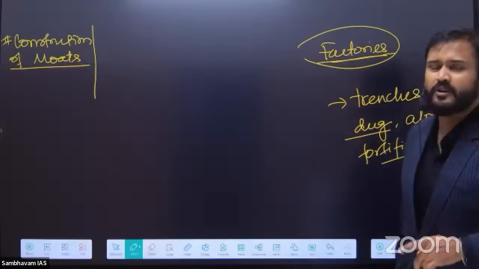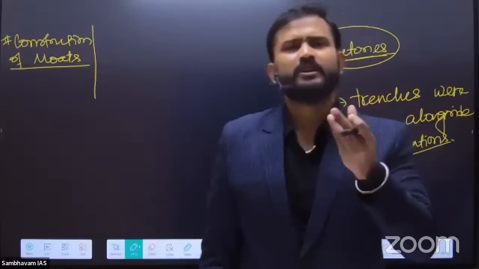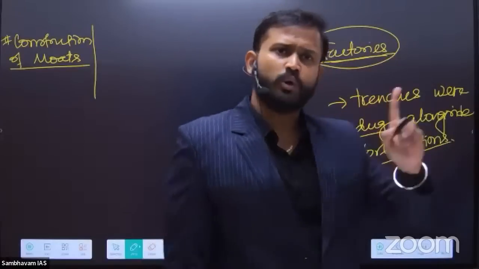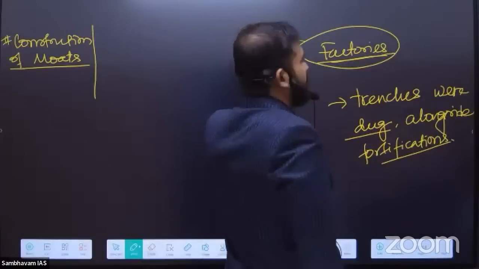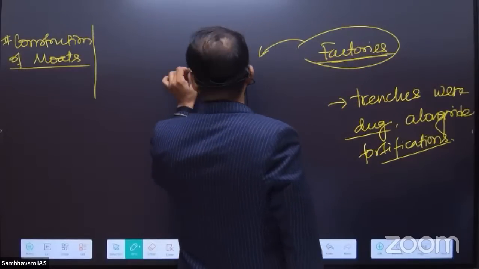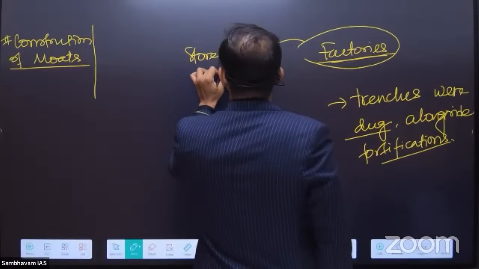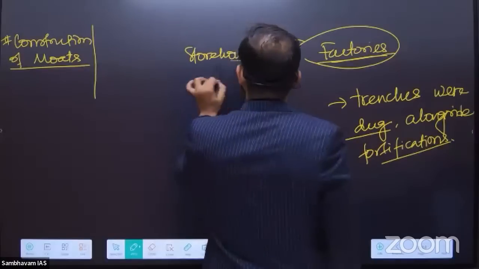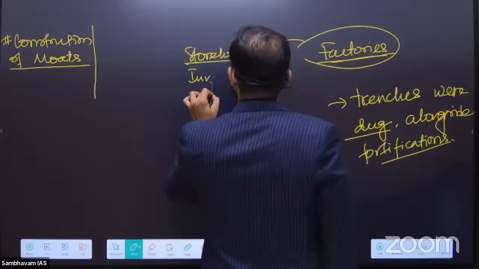Do you understand this point? Moat means along the factories. What do I mean by a factory? Is it an industrial complex? No. A factory is a storehouse or an inventory.